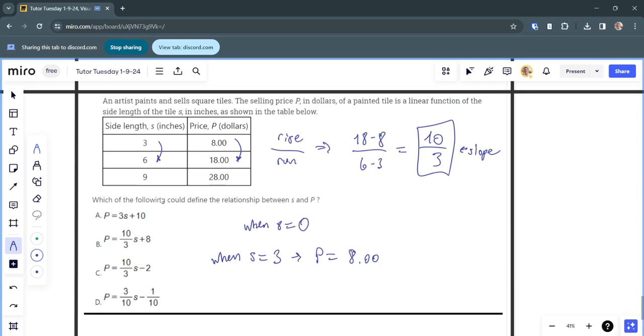Or we can go backwards even. We know that if we go down minus 3, the price would have to go minus 10. So if S is equal to 0, then the price would go from 8 minus 10, which is negative 2. And that's going to match up with answer choice C.